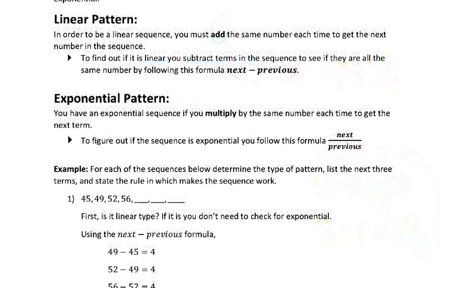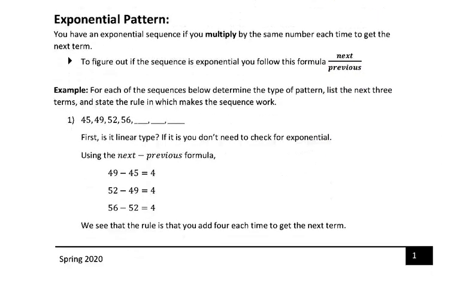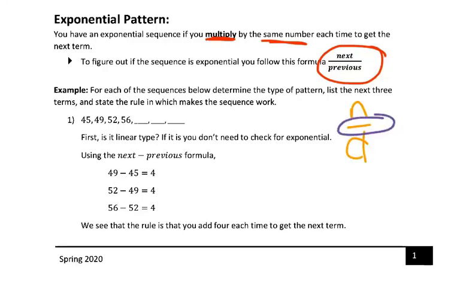So let's talk about exponential patterns. If you're an exponential pattern, you are going to multiply by the same number each time to get to the next term. To figure out if the sequence is exponential, you're going to use this formula, which is next over previous. Now, I made a really key statement in Unit 1, and I told you guys that when you see a fraction, numerator over denominator, the fraction bar means division.